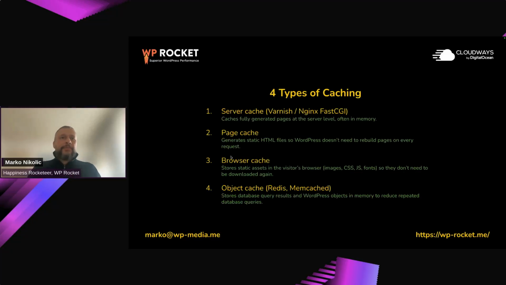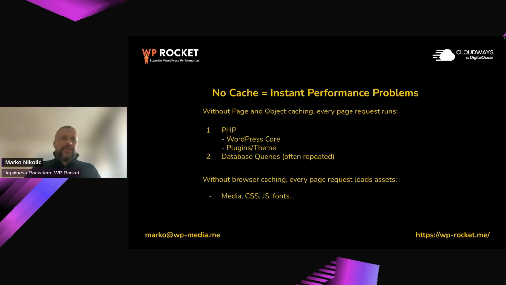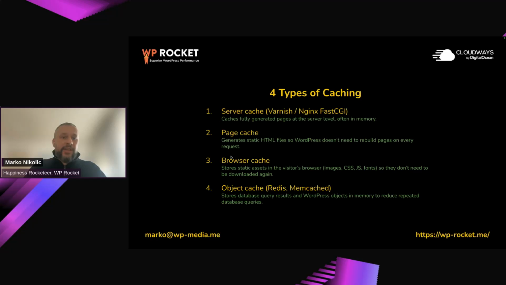So yeah, just one explanation. When I say page caching, I don't mean only disk caching, like WP Rocket does, for example, where we store cache files in the wp-content cache folder. I think about server cache as well, like Varnish, Nginx, FastCGI, because these also create page cache files and usually put them in memory, and then simply deliver.